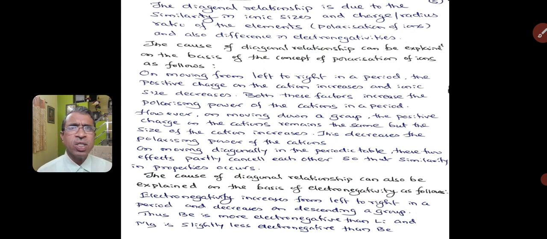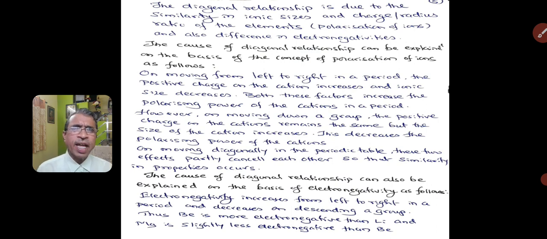This decreases the polarizing power of the cations. On moving diagonally in the periodic table, these two effects partly cancel each other so that similarity in properties occurs.